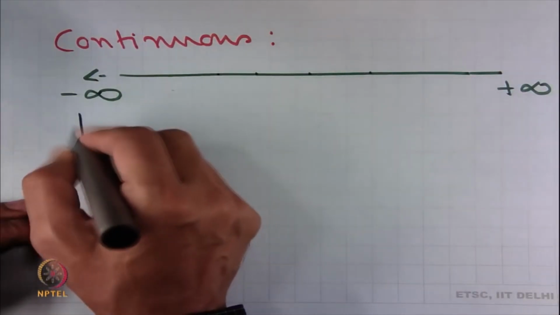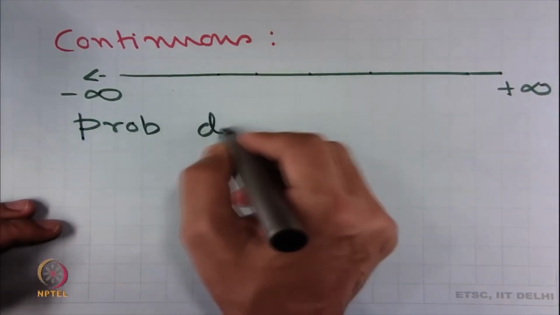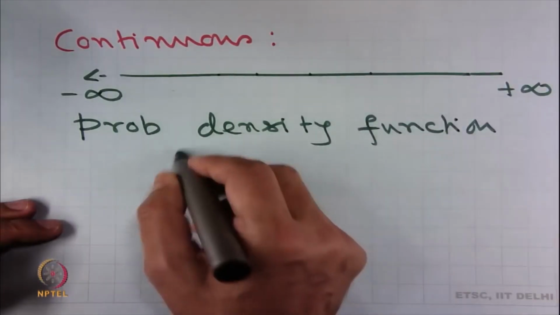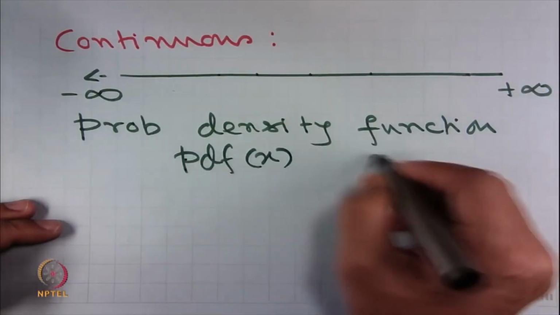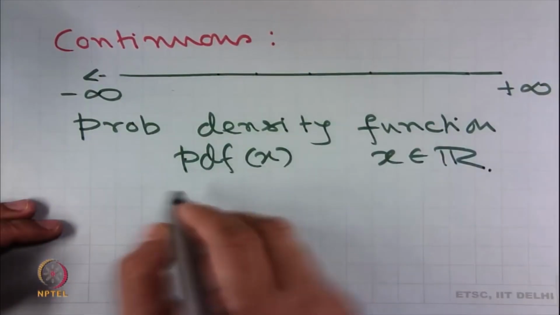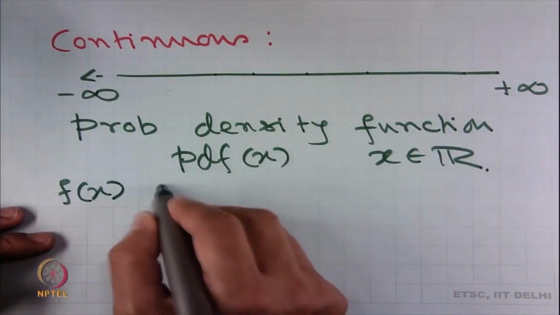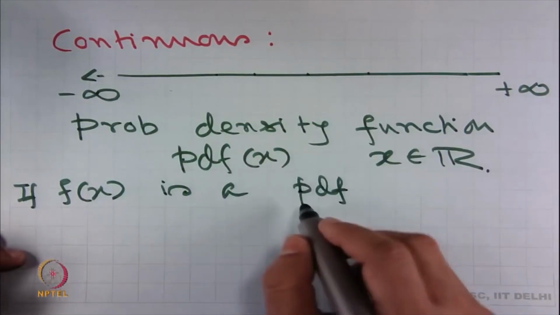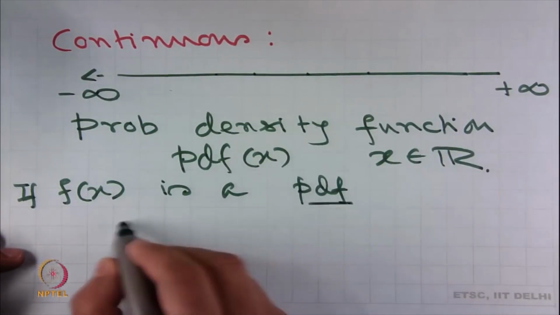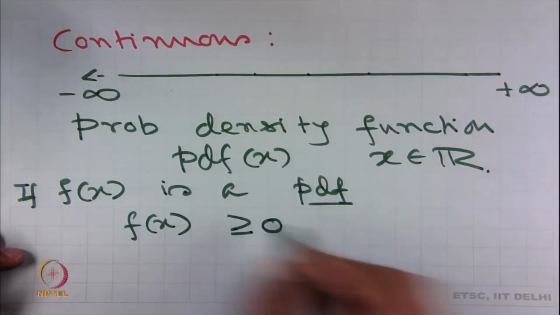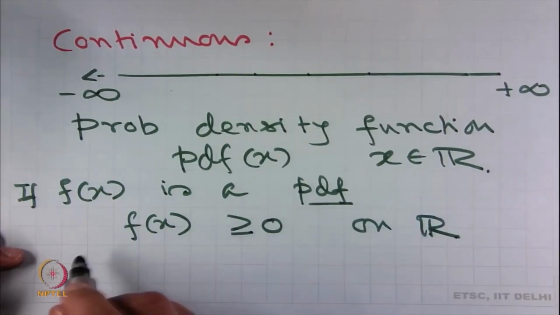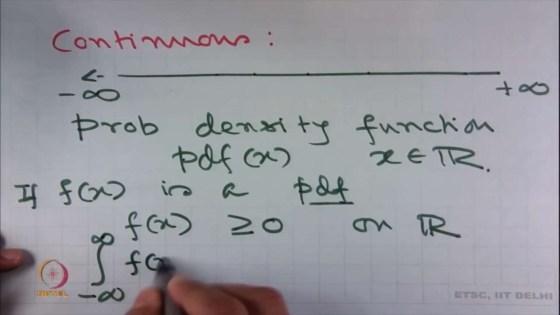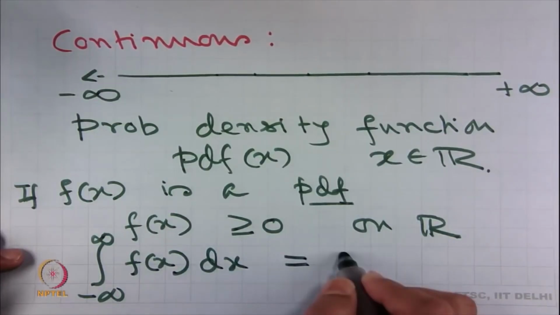So, in this case we talk about the probability density function, in short PDF of x, x belonging to R. If f(x) is a function which is a probability density function, then f(x) has to be greater than or equal to 0 everywhere on R, and if you integrate it from minus infinity to infinity, that has to be 1.